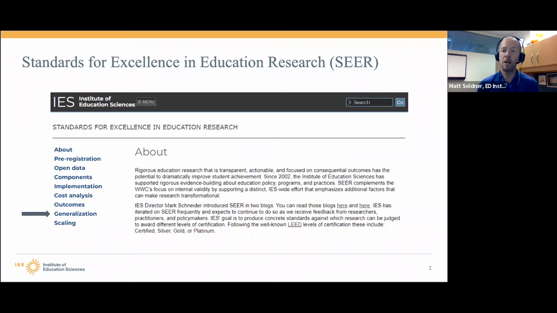If you haven't been on our website, I'd encourage you to go to ies.ed.gov/SEER and read more. Today, though, we are focused on generalization. And if you were to go to that page and click on the generalization link, you would see a screen that looks a bit like this.